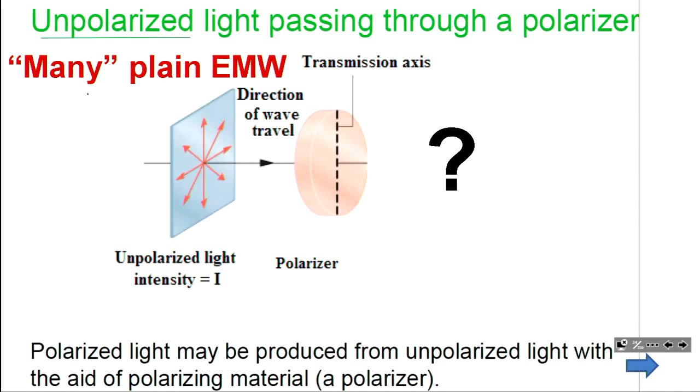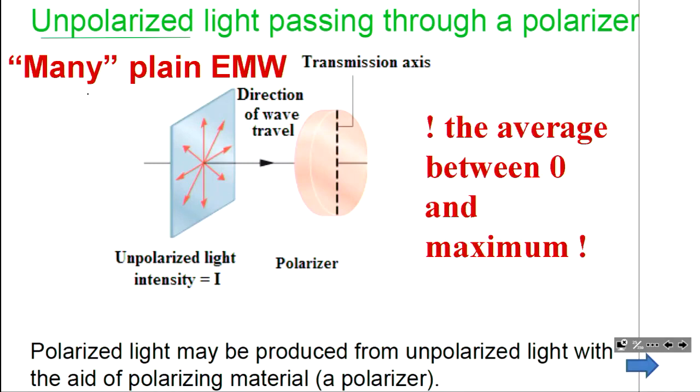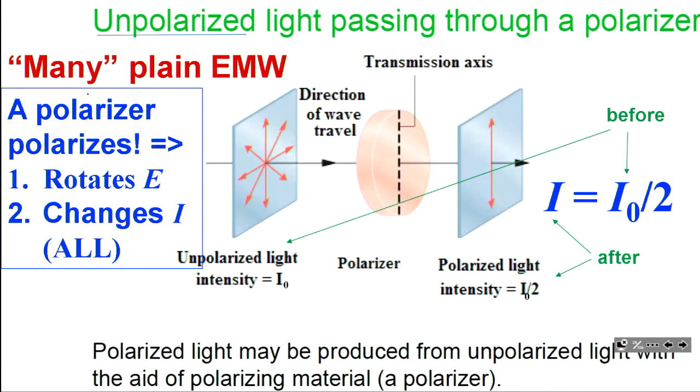So all we have to do is just calculate the average between nothing and maximum. And for unpolarized light, the intensity before and after is related by just a simple coefficient, a half. For unpolarized light, which means actually polarized in all possible directions, the intensity after the polarizer is equal to a half of the intensity before.